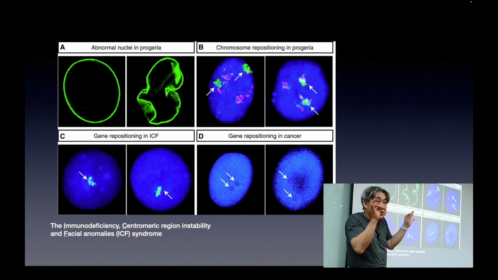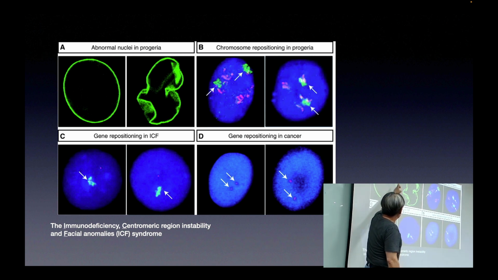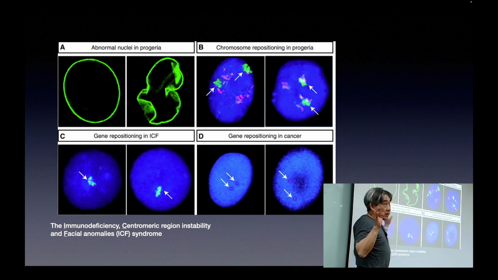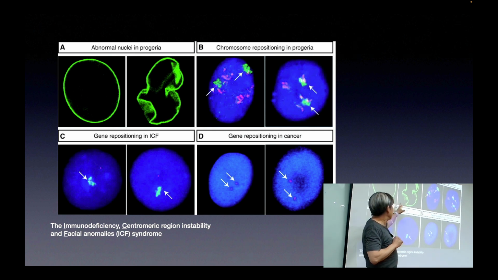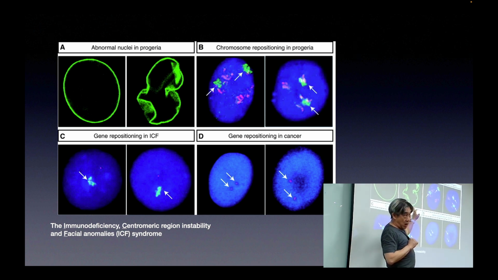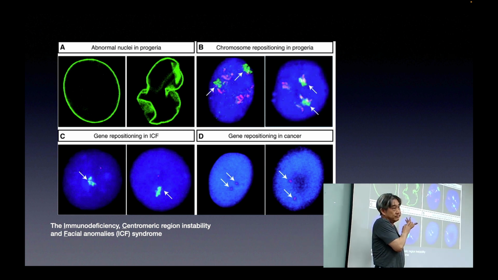We have a specific dye that can stain the nuclear envelope, so that we can identify the location and the shape of the nuclear envelope. This is the so-called average person's nuclear envelope shape. And this, guess what, is the progeria patient's nuclear envelope. It's all crooked, disrupted.